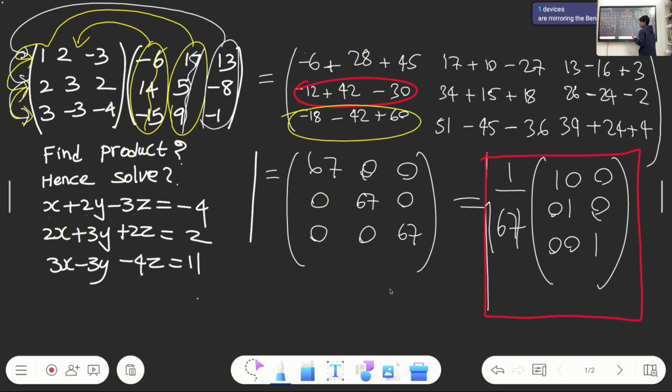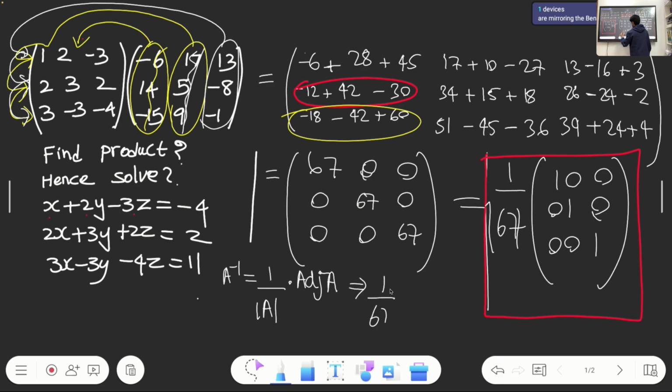So now it is easy for us to find A inverse. What is A inverse? A inverse is equal to 1 by determinant of A multiplied with adjoint A. Not the determinant, it is 1 by 67.